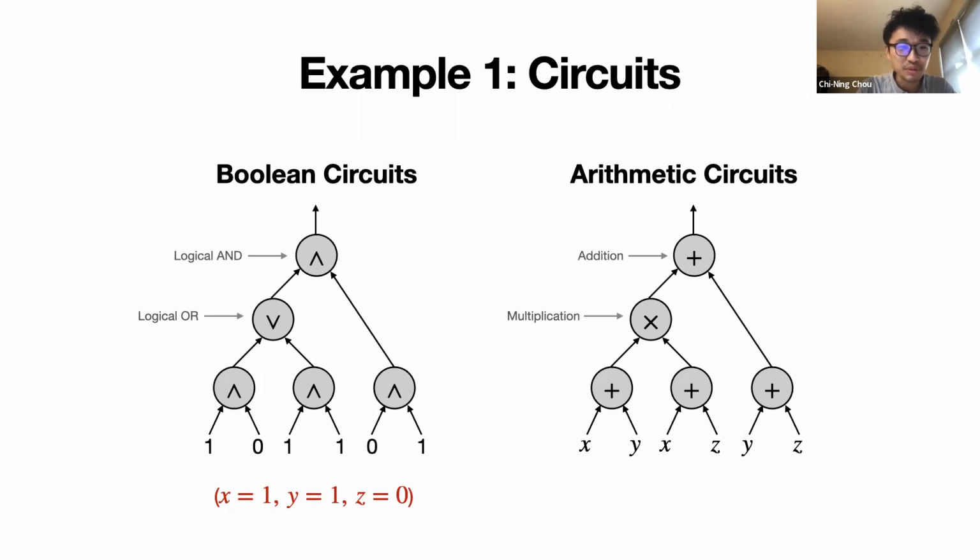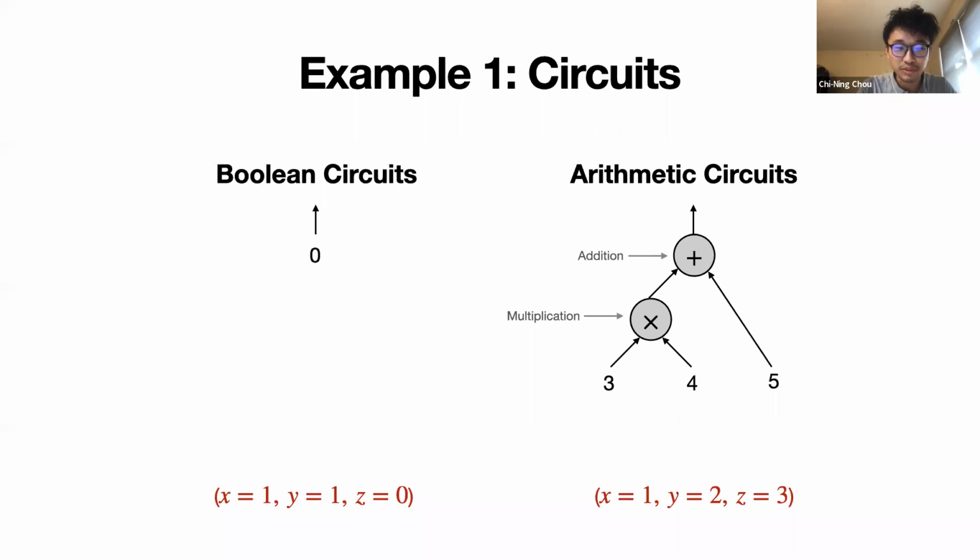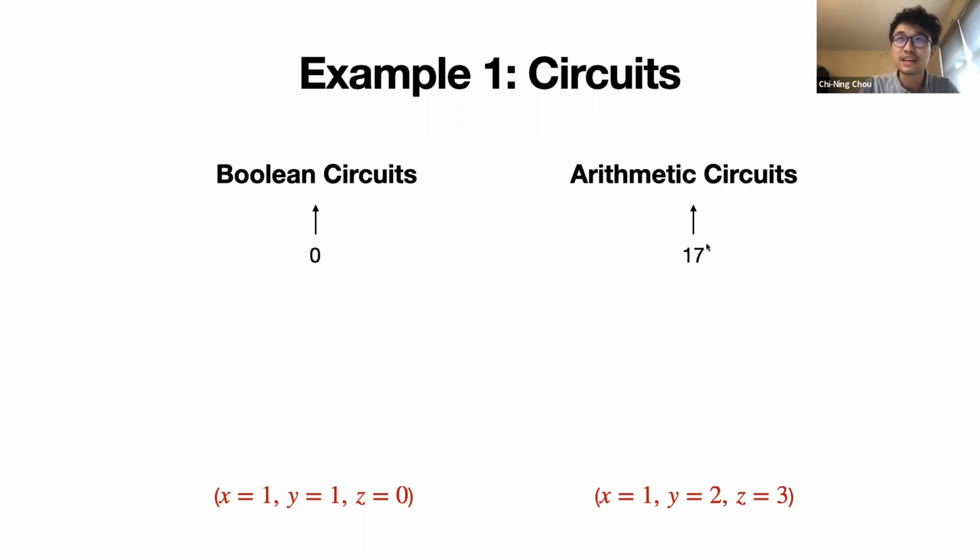You replace the input variables, then evaluate each local unit, and you get the result 0. So the Boolean circuit indeed computes a Boolean function. Similarly, an arithmetic circuit computes something called a multivariate polynomial. Feeding in certain inputs here, you can get something like 17.